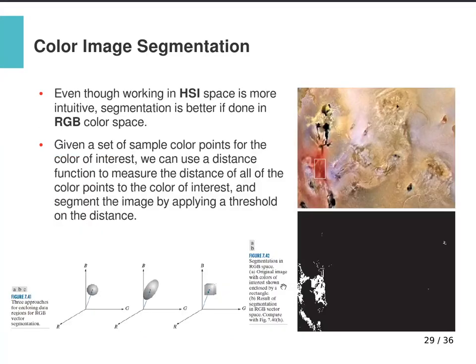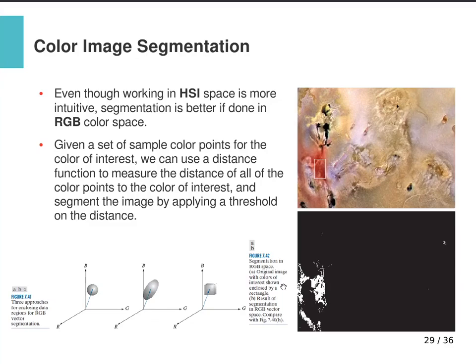Now let's see how this can be done in the RGB color model. Even though working in the HSI color space is more intuitive, because again, as we said, HSI color space is based on the way that humans describe different colors, segmentation is generally better if done in RGB color space.